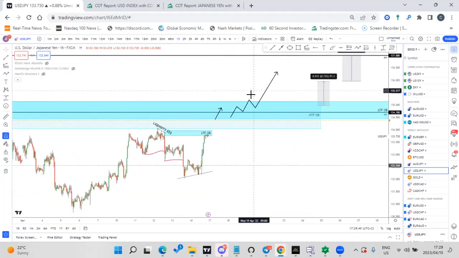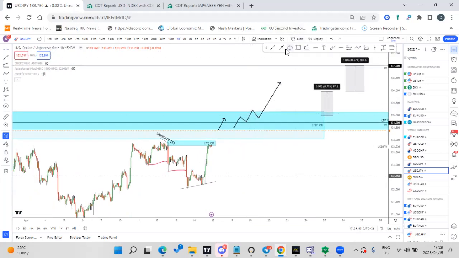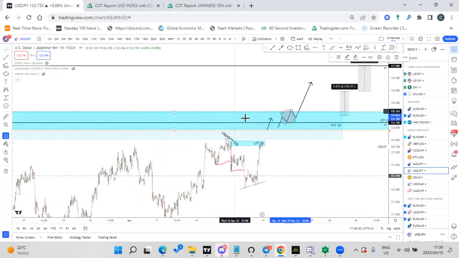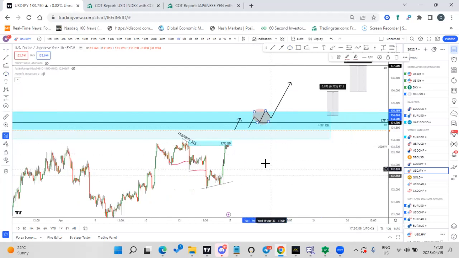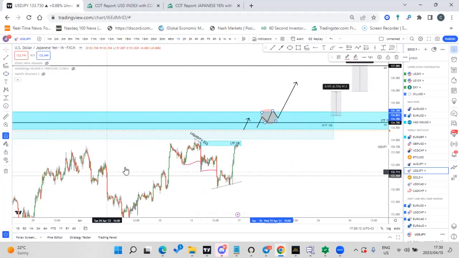Then I'll just wait for confirmation within this price range over here, 137,700 to 135. So within this 30 pip range, if I see some continuation pattern on a lower time frame, I'll look for a buy. So that would be 1 loss and potentially 1 win if it goes above 134,700.